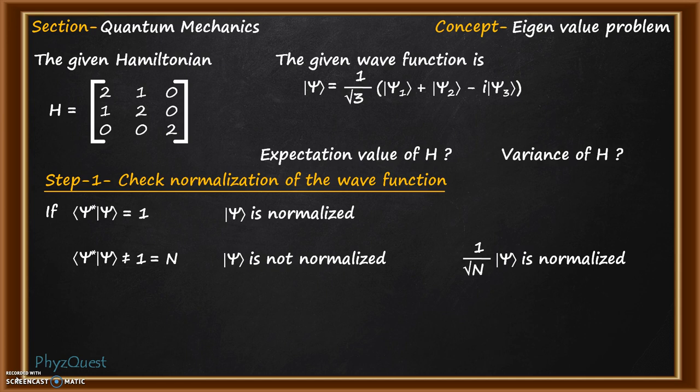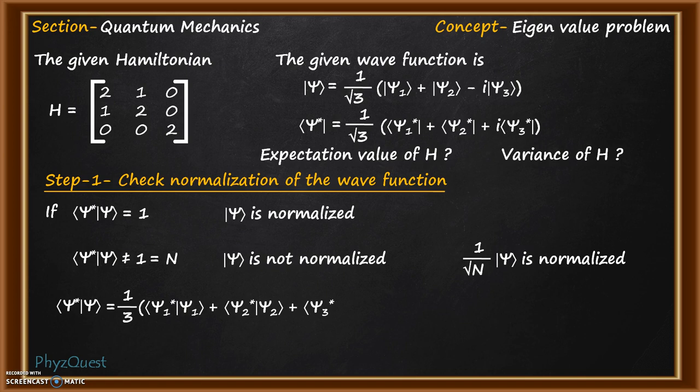Now in our case, if this is psi, then the complex conjugate will be 1 by root 3 psi1 star plus psi2 star plus I psi3 star. So the product of psi and its complex conjugate will be equal to 1 by 3 of psi1 star psi1 plus psi2 star psi2 plus psi3 star psi3. Minus I into plus I will be equal to 1, it will be a plus sign here.